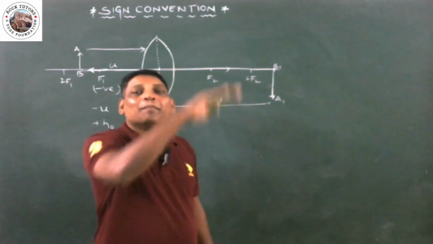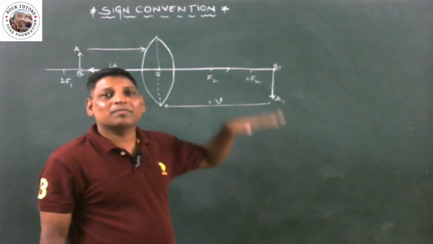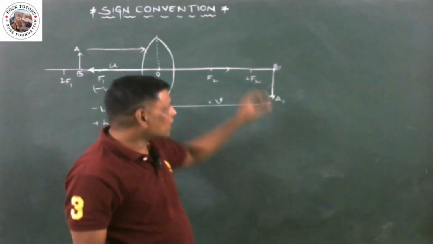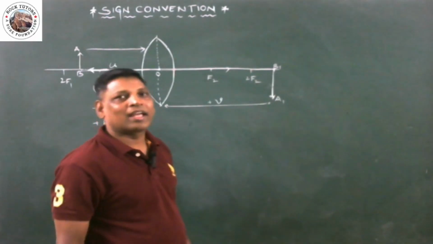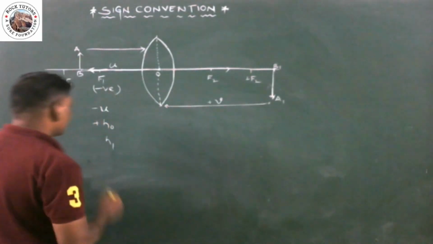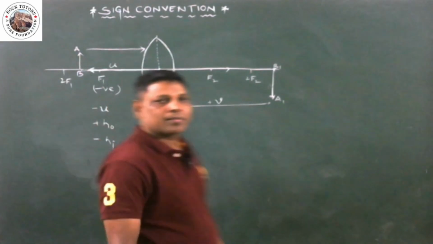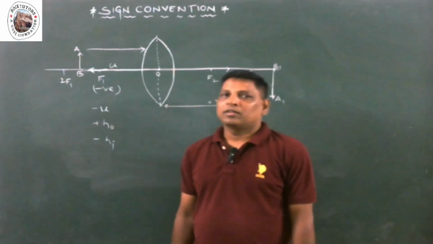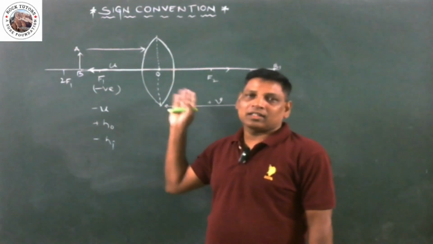Below the horizon in a Cartesian system is negative. So here also, below the principal axis, HI is negative. This is the way we apply it for the convex lens.